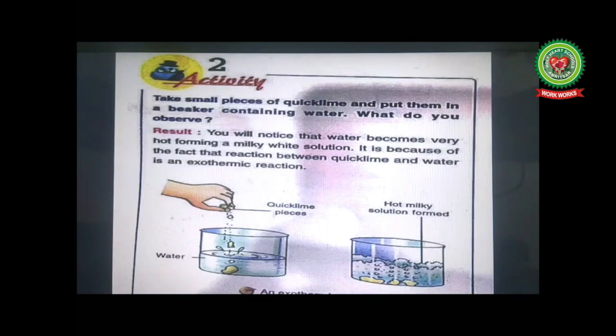You must have seen when quicklime, commonly called chuna in Hindi, is mixed with water, it becomes a white solution, and it is a very hot solution. Why is it hot? Because heat is released. It is because the reaction between quicklime and water is an exothermic reaction.